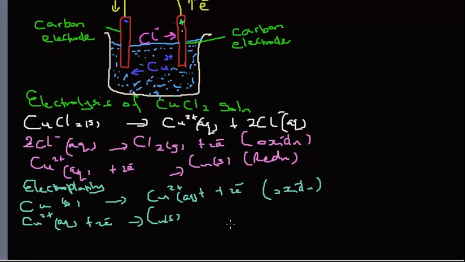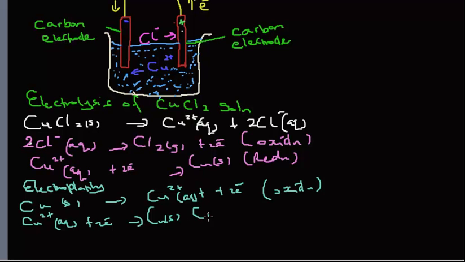The impurities collect below the anodes as sludge, from which the metals are recovered. So we have formed our copper solid there, and it is going to increase in size on our cathode.